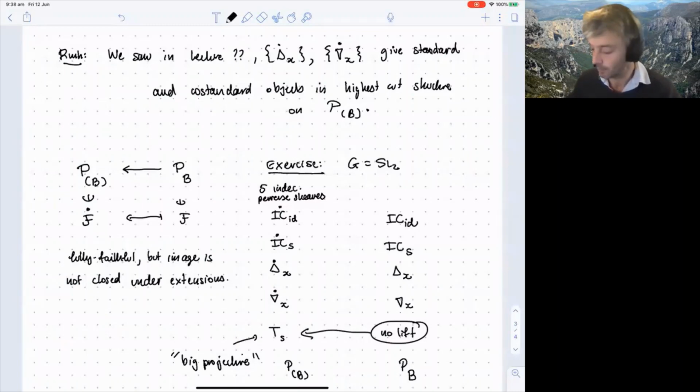So you should think about this category as being basically the same as this category, except certain objects don't exist. And somehow these missing objects make this a much less nice category than this. So this is highest weight, etc.